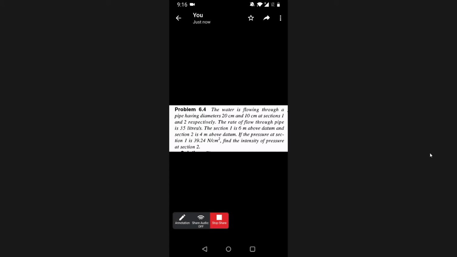First draw just a rough diagram so that you can get the idea, because here I draw considering that Z2 is higher than Z1. Now, first I consider that diameter D1 is given as 20, so it is higher, and D2 is given as 10 centimeters, right?